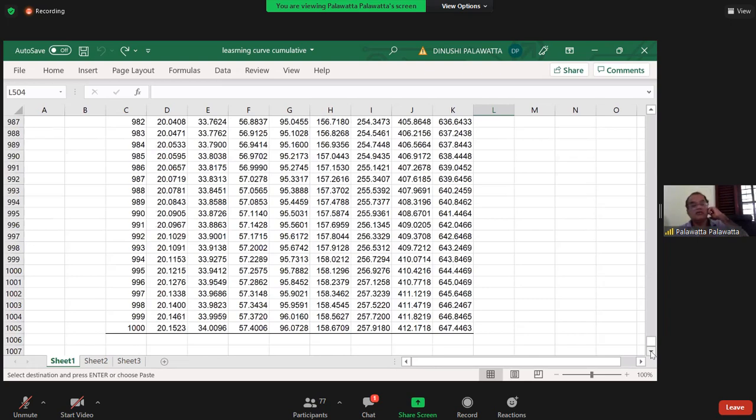This table has only 1000 as the last number. The question is the first 1000. The first 1000 takes 57.4006.